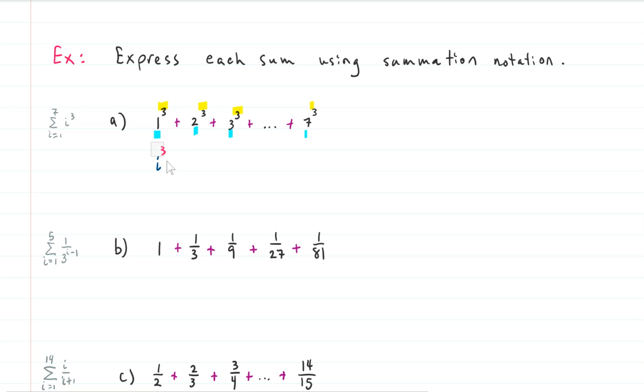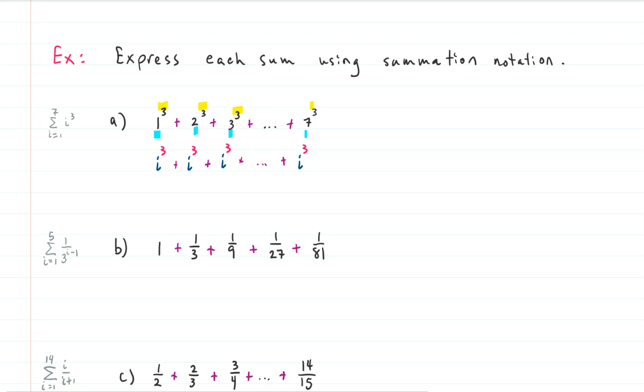I'm going to copy and paste that and see if I can do it quickly. There's another one. There's another one. And here's the one at the end. If we're summing, we've got to have a plus in between. And we have a dot, dot, dot, and then another plus. Now we've kind of written them all alike.